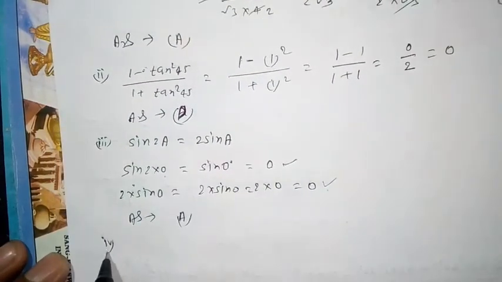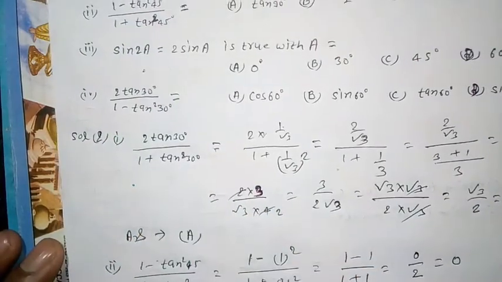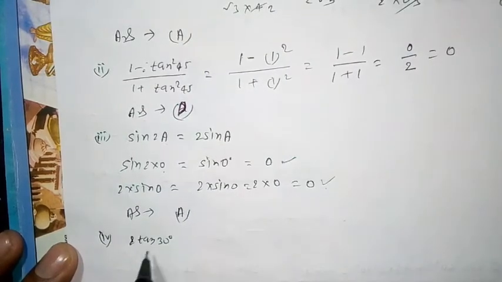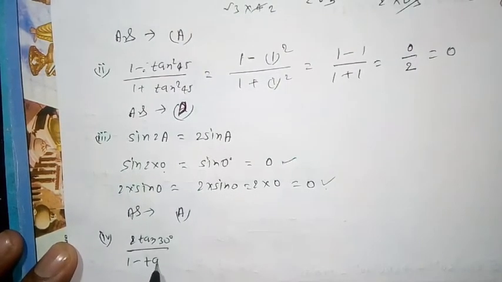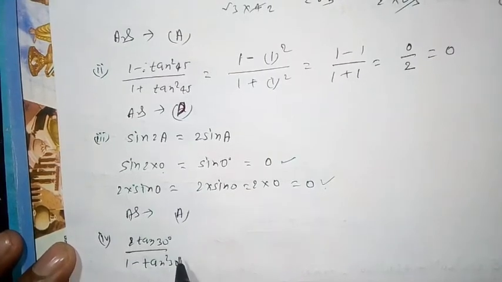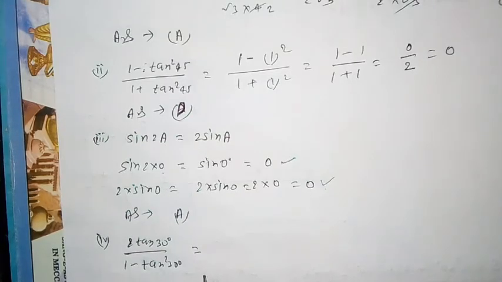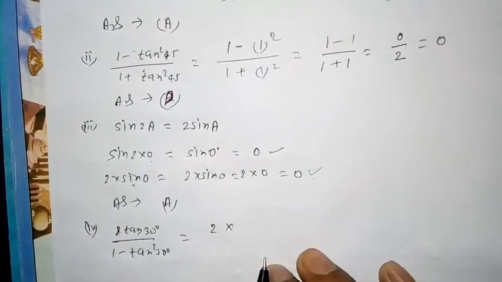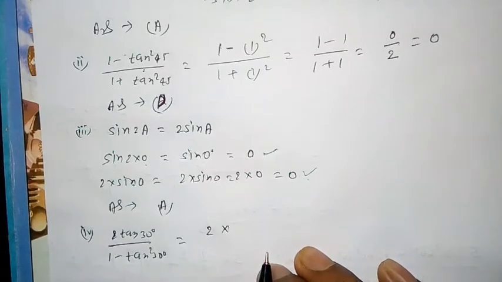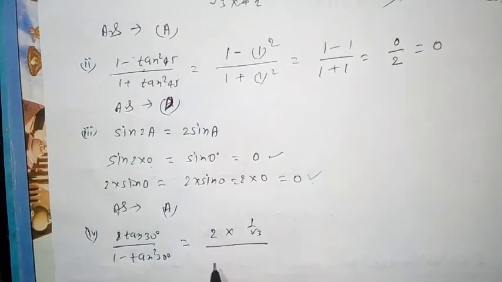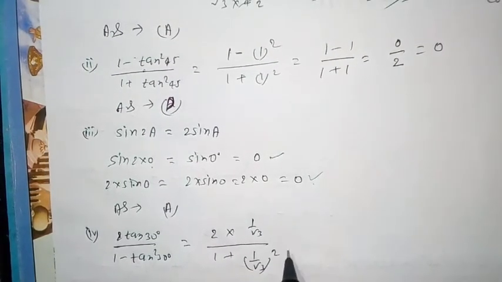Next question, question number 4: 2 tan 30 degree by 1 minus tan square 30 degree is equal to 2 into the value of tan 30, which is 1 by root 3, by 1 minus (1 by root 3) the whole square.